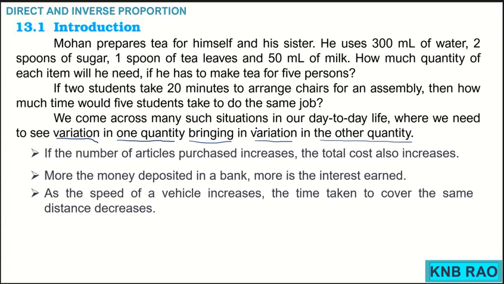Let me take, suppose you are traveling from here to Almatti Dam, which is 60 kilometers. Children, in your class 6th you went on a trip to Almatti Dam and you thought of going by, let's say, bicycles. Now in class 8, maybe this 60 kilometers you may go in 5 hours.